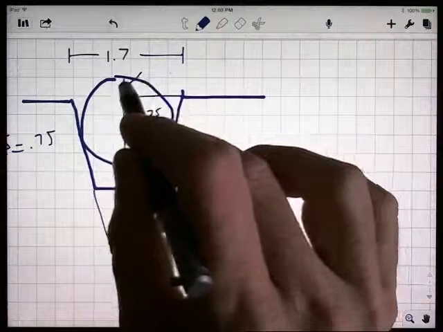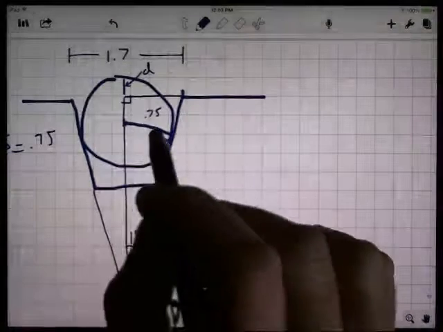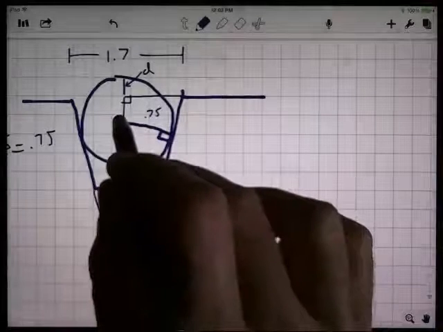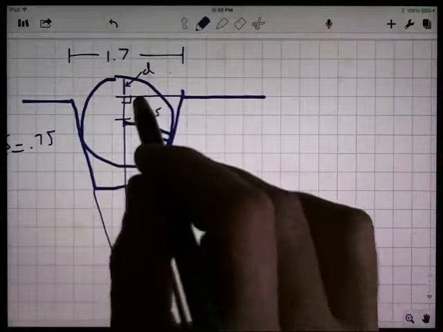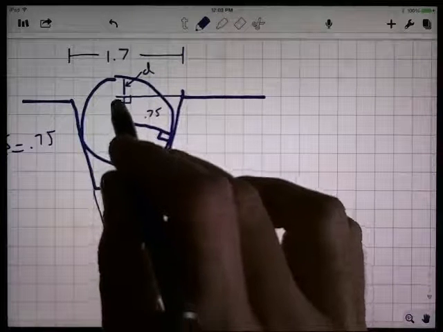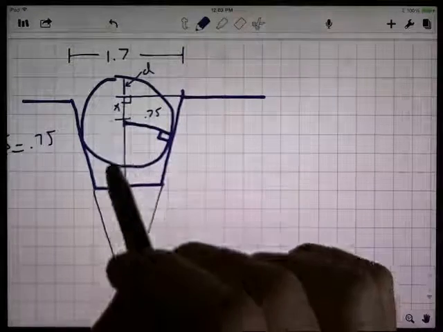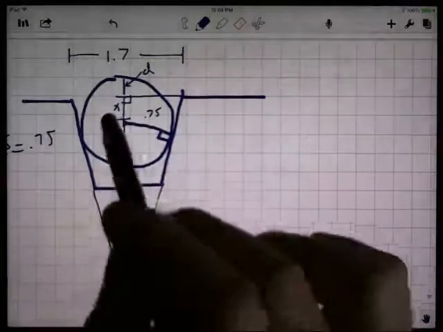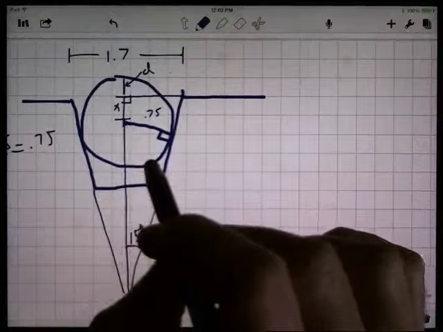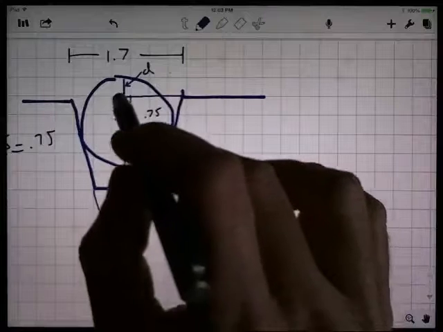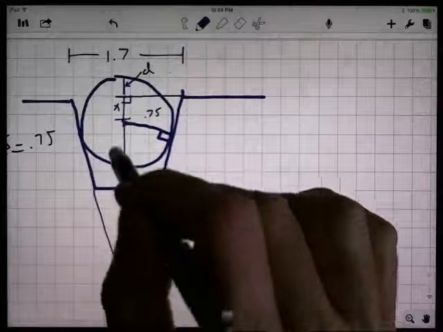That length there is what they call D. The thing is, I think I can find D if I can find this length, which I'm going to call, for the lack of anything else, X. Because D is going to be the radius minus X. And I think I can find X because X is going to be the difference between the distance all the way from here down to this point and from here down to that point.